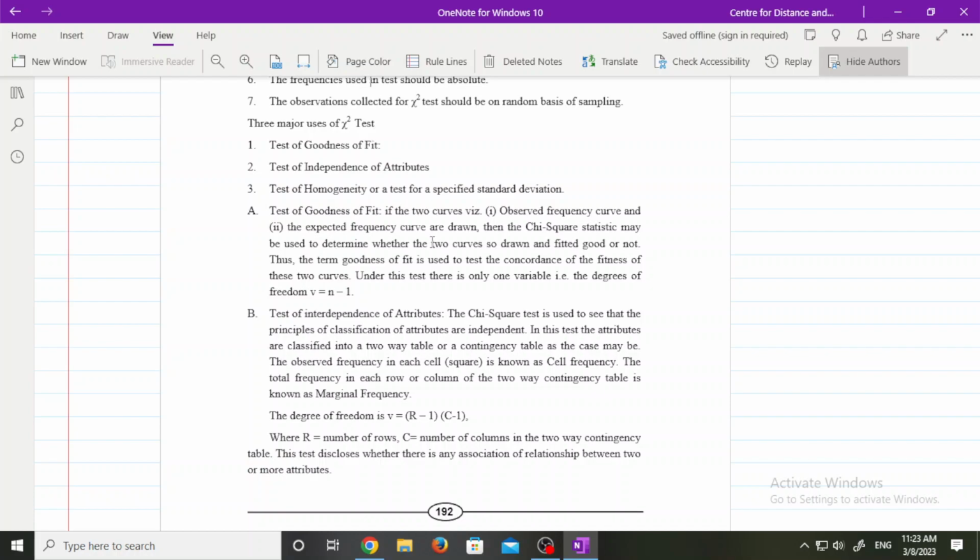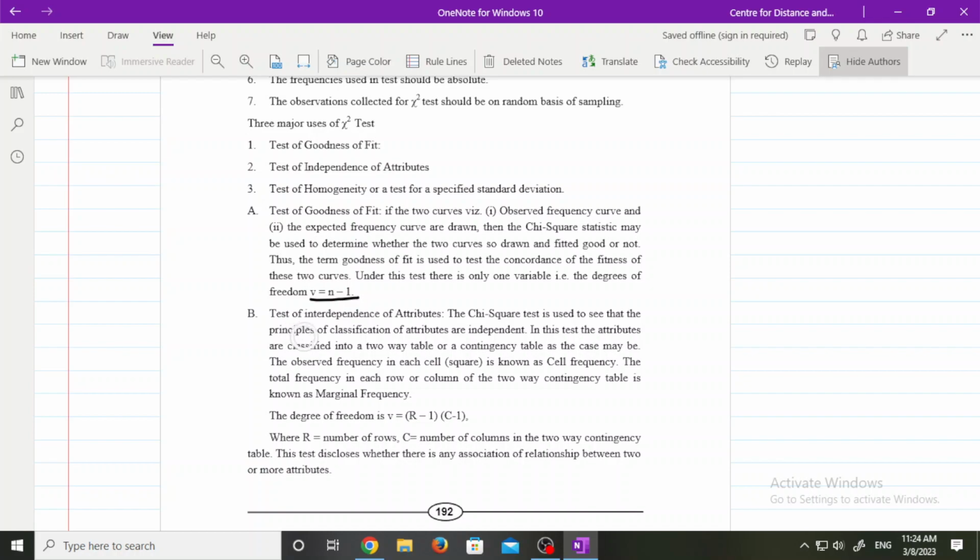Thus, the term goodness of fit is used to test the concordance of these two curves. Under this test, there is only one variable, that is the degrees of freedom, denoted by V and calculated by the formula n minus 1.